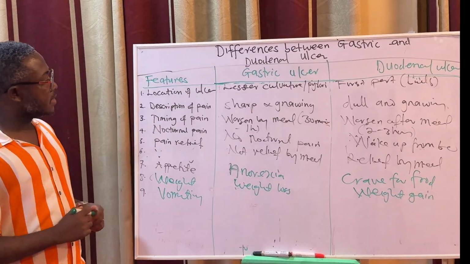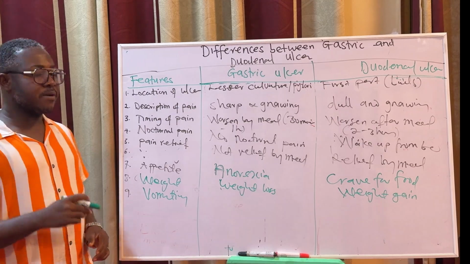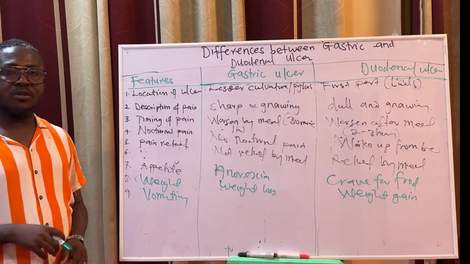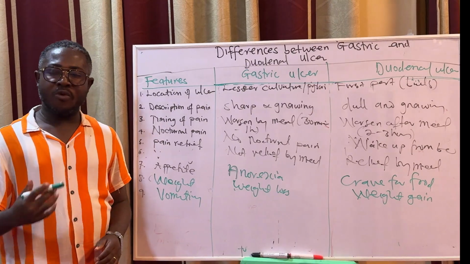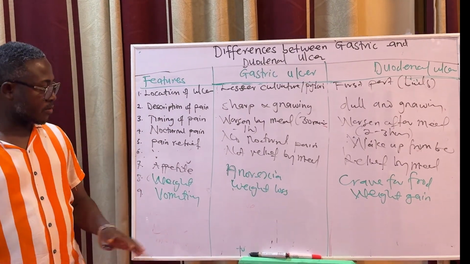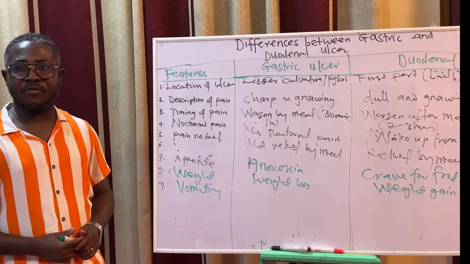Now, another clinical feature which also distinguishes between these two is vomiting. So in gastric ulcer, because the presence of food in the stomach worsens the pain, the body will always try to get rid of it through vomiting, and that usually helps them to be relieved of their pain.